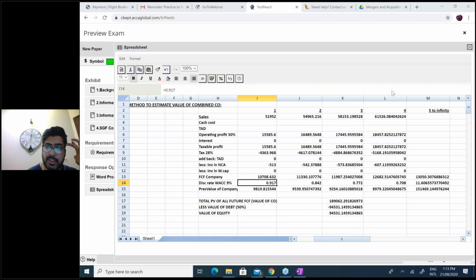Winston, M14 is the last discount factor. And L14 over WACC 9% minus growth rate 2.9%. Faisal, your working might be wrong.